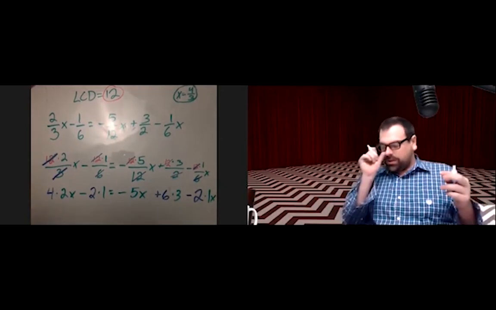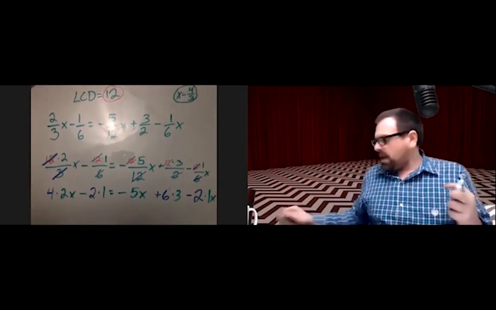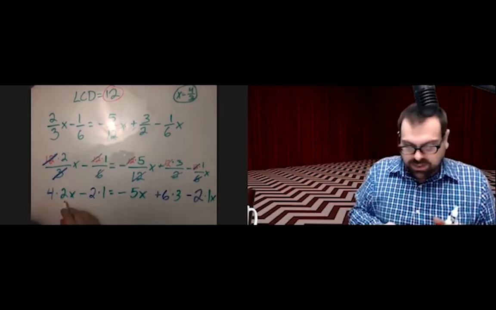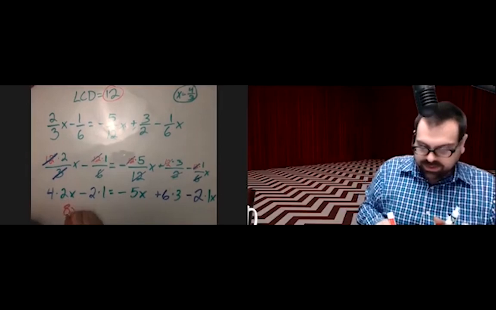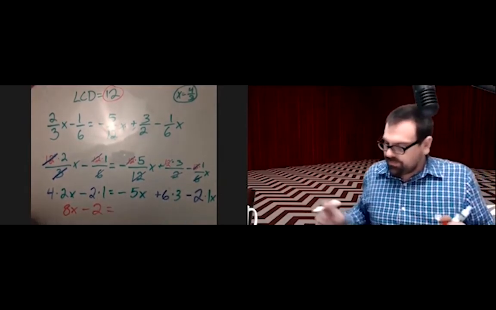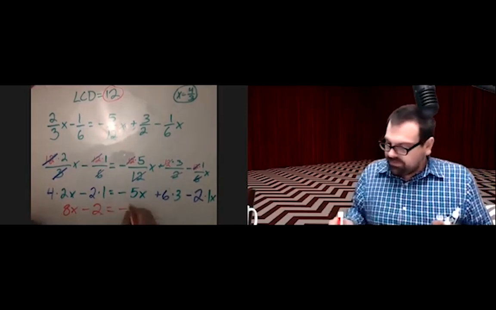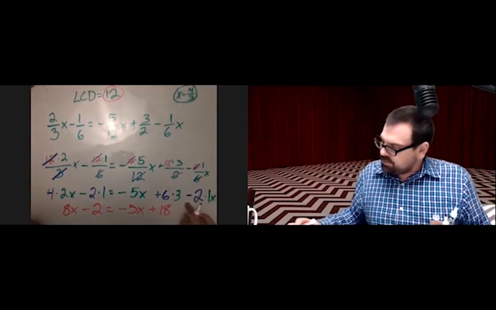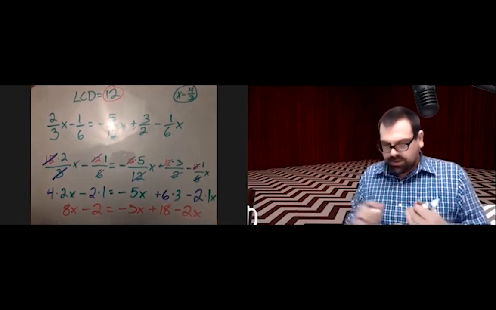Look, all the fractions are gone. When I simplify this, 4 times 2x is 8x, minus 2 times 1, that's minus 2. Negative 5x plus 6 times 3, that's plus 18, minus 2 times 1x, that's minus 2x.